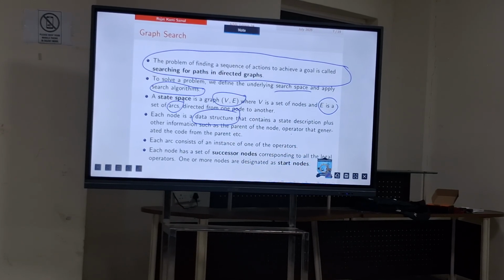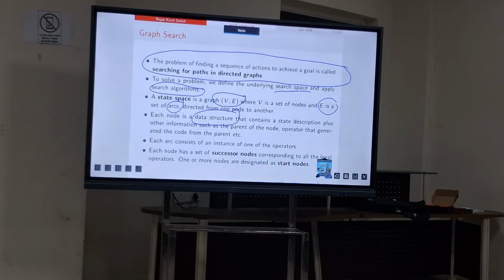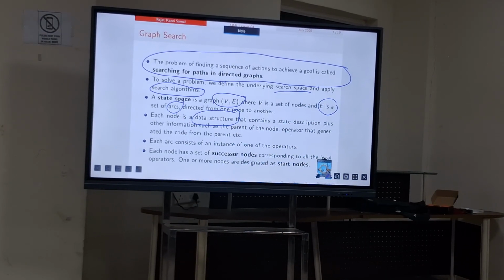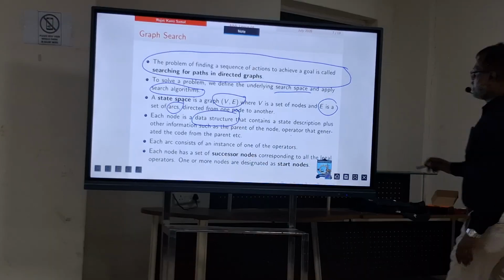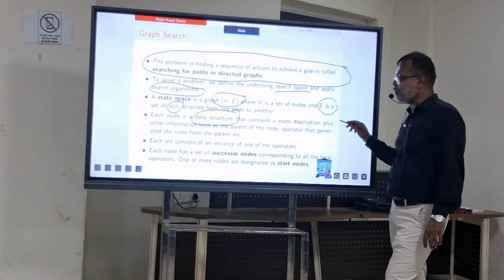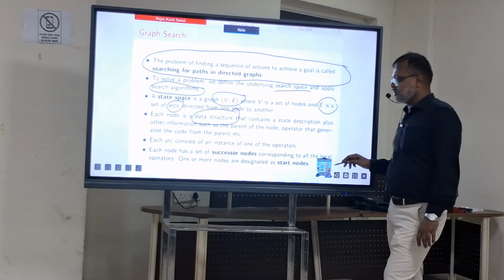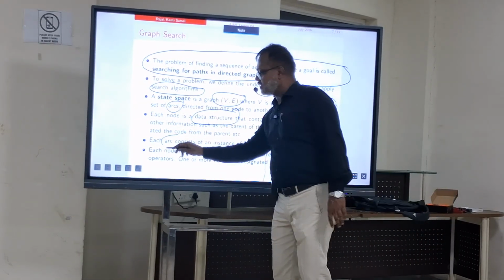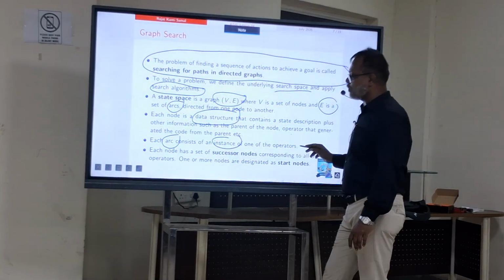I think in your first year you have studied data structures, C and data structures. Yes, a little bit. Okay, simple things. Each node contains a state description plus other information such as the parent of the node and the operator that generates the node. Each arc is an instance of one or more of the operators.